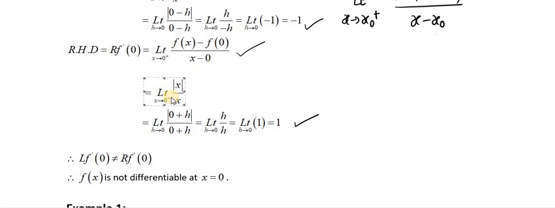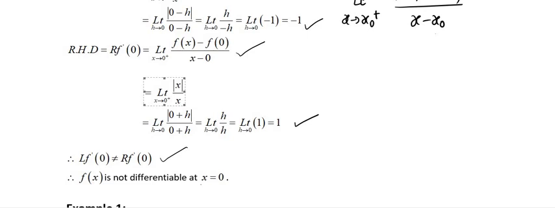RHD value is 1. Therefore, LHD not equal to RHD. Whenever these two quantities are not equal, then we say that the function is not differentiable at that point. Here the point is x equal to 0.